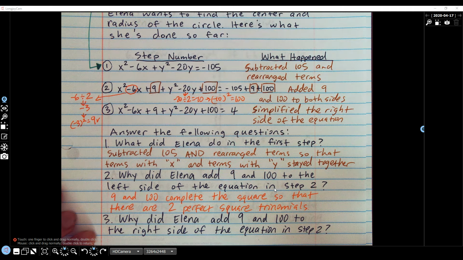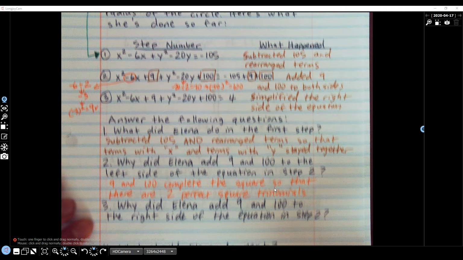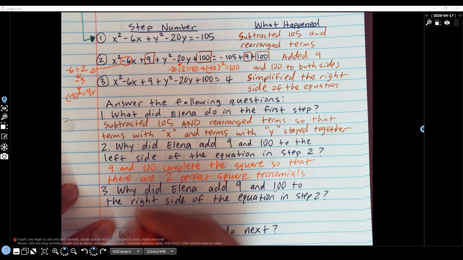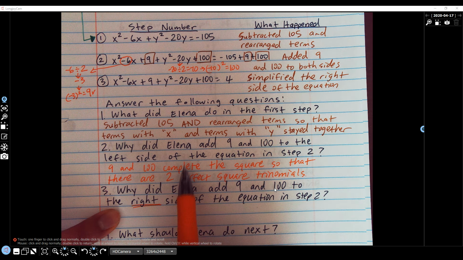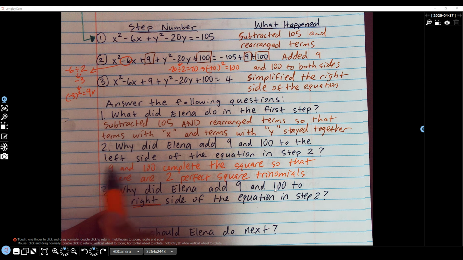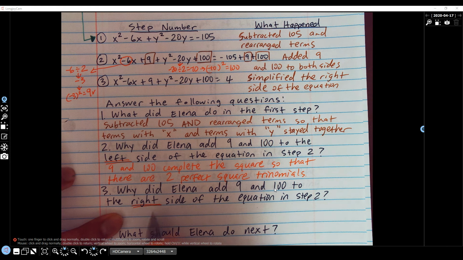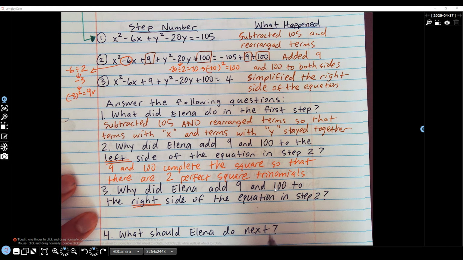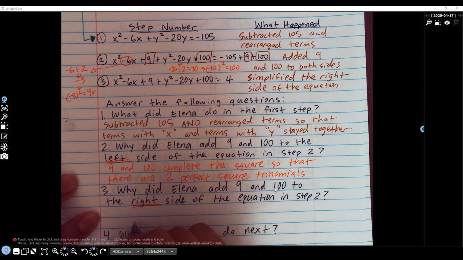Number 3 asks, why did Elena add 9 and 100 to the right side of the equation? The second question asks about the left side. Now we're thinking, why did she add 9 and 100 as well to the right side? Think about what you learned in the basics of algebra: whatever you do to one side of the equation, you have to do to the other.